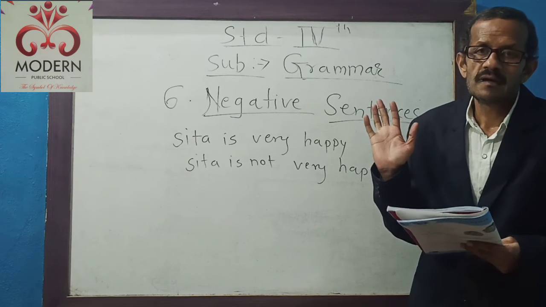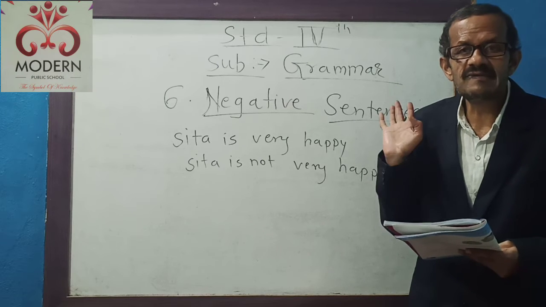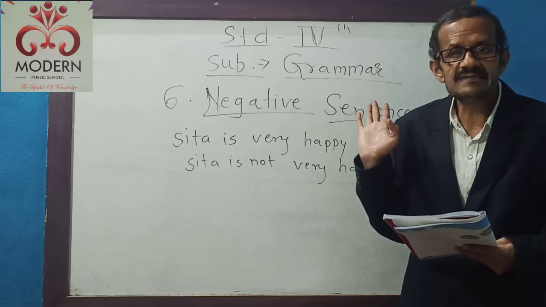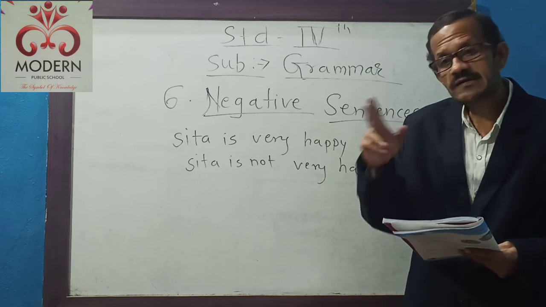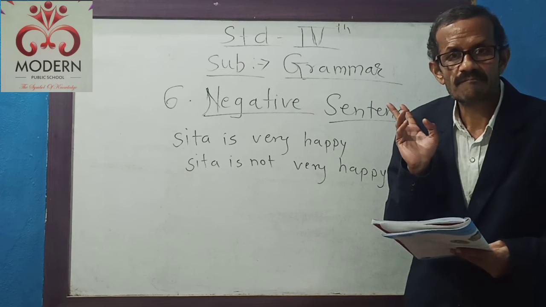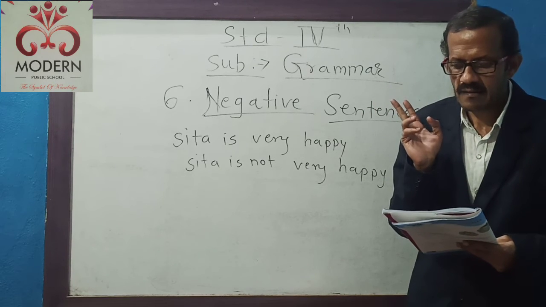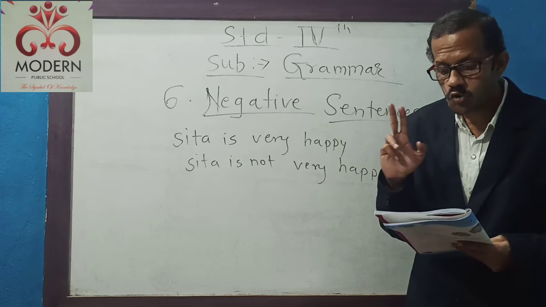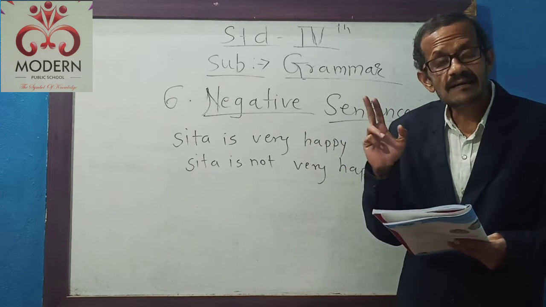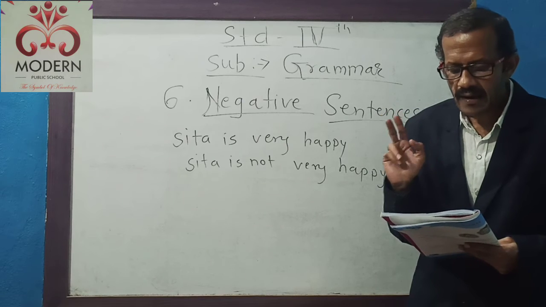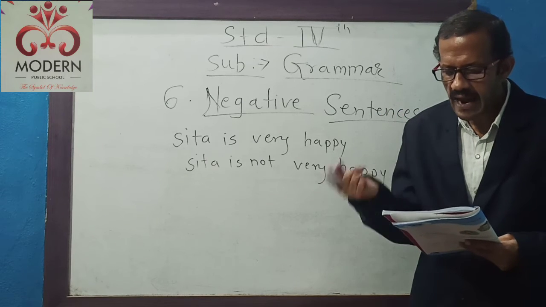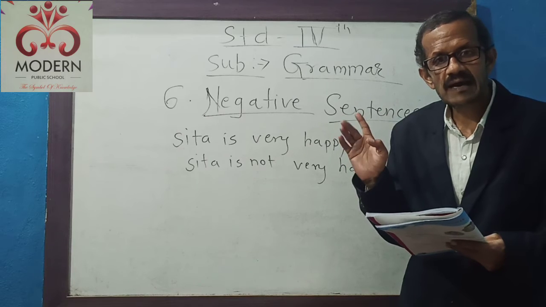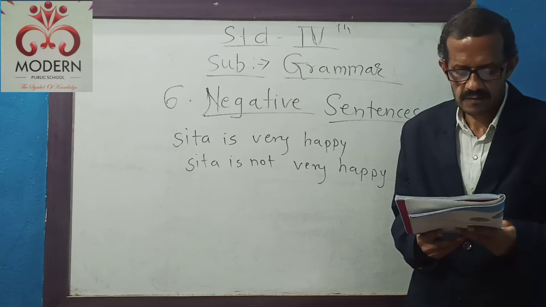Sometimes, if we make any mistake, then our teacher will say, don't come inside. You stay there. Means, come inside is the positive sentence. But don't come inside is the negative sentence. Another example, clap your hands, that is a positive sentence. And don't clap your hands, that is a negative sentence.